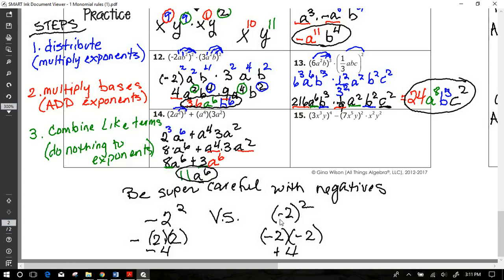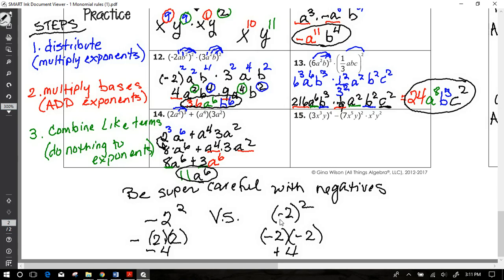All right, so here is number 14. I started out with step 1, distributing right here, and I did that in blue. Now, what I did from 2 cubed to the next line, from here to here, all I did was figure out that 2 times 2 times 2 is 8.